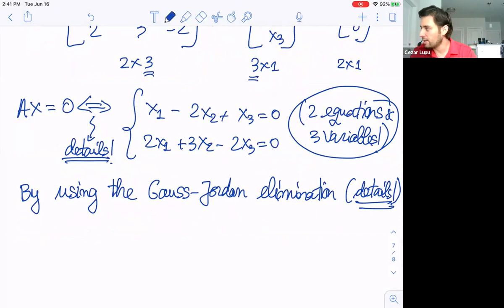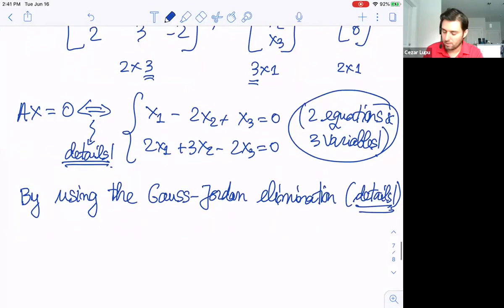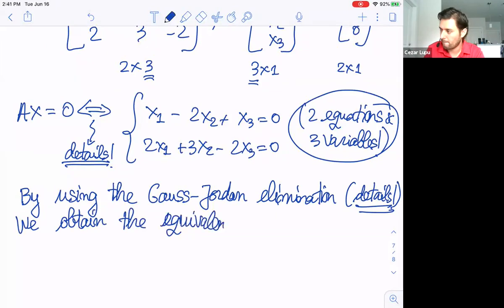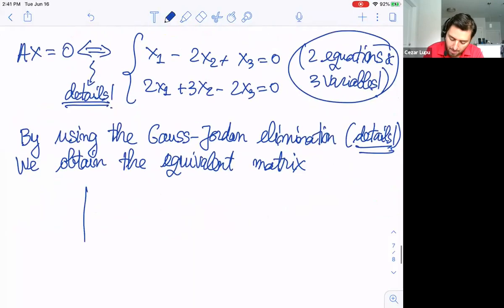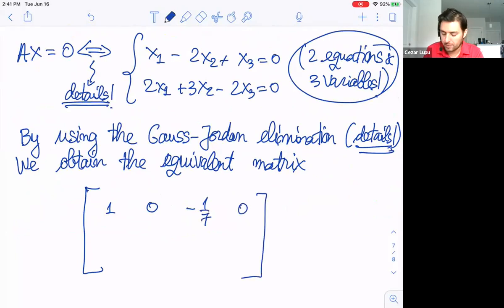Okay, so by the Gauss-Jordan elimination, we obtain the following equivalent matrix, or the row echelon matrix, or row reduced echelon matrix if you want, which is given by 1, 0, negative 1 over 7, 0, 0, 1, negative 4 over 7, 0.